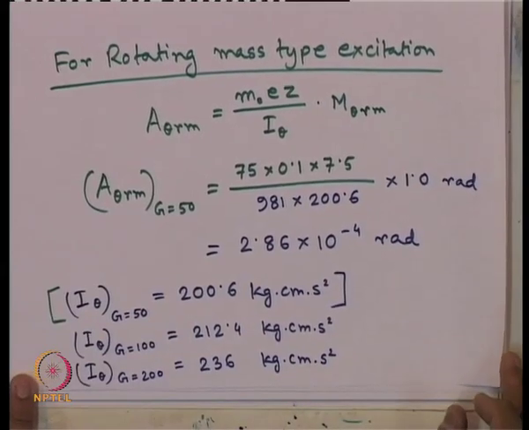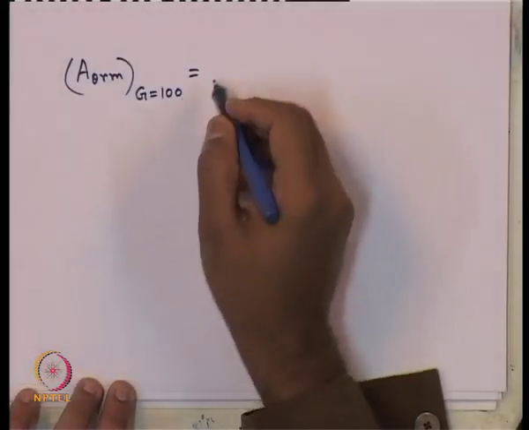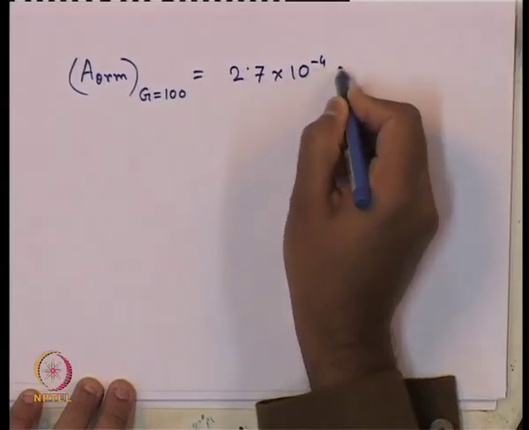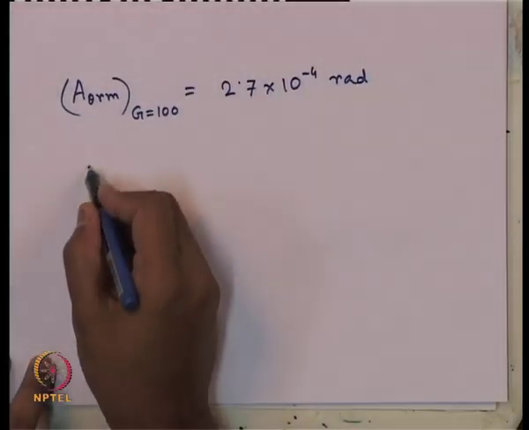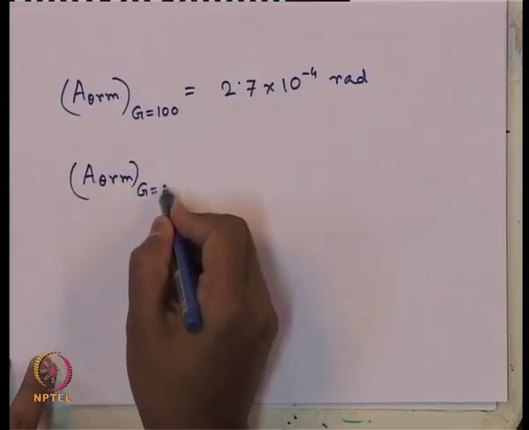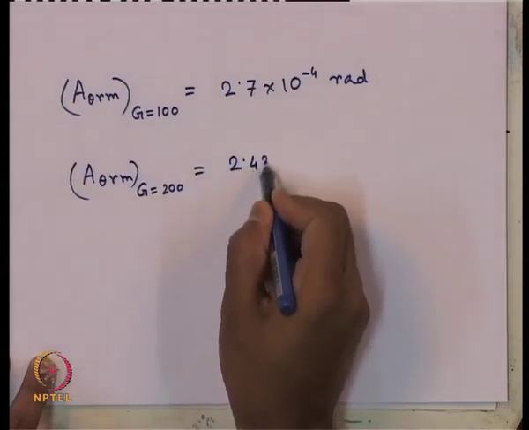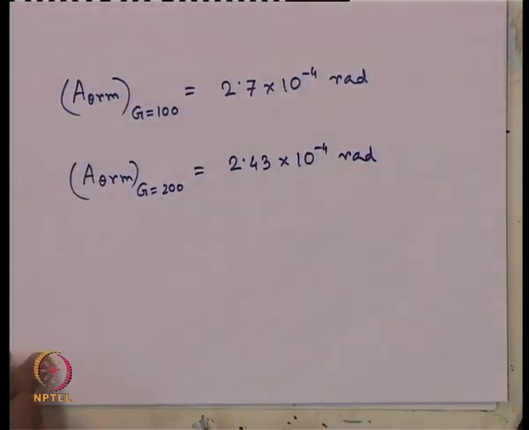This already we had calculated in the previous lecture. So, this will give us 2.7 into 10 to the power minus 4 radian as the torsional displacement, and Aθ,Rm with G equals to 200 is computed as 2.43 into 10 to the power minus 4 radian. So, these are the displacement amplitudes at resonant condition.